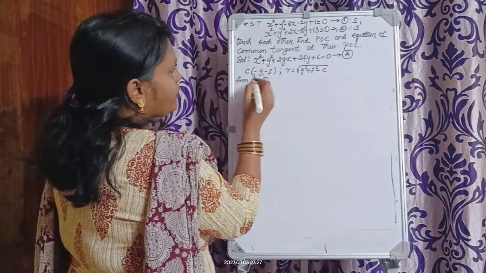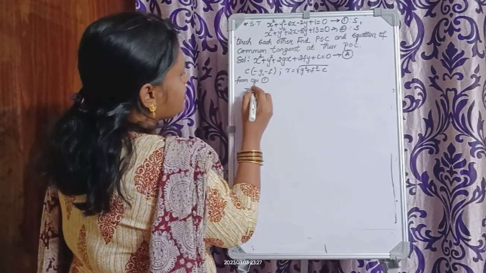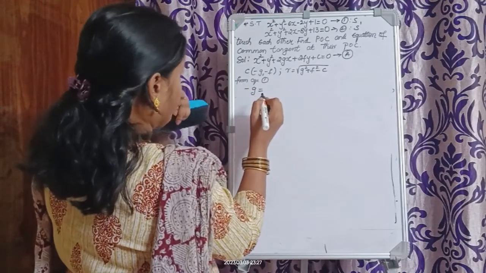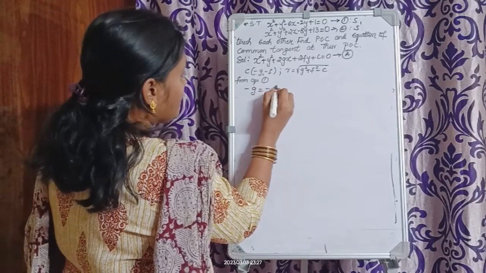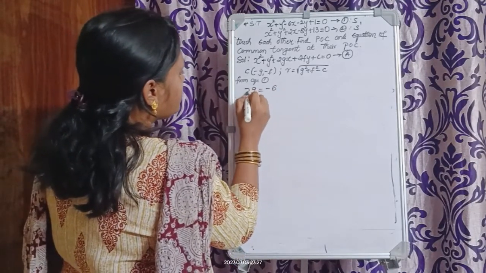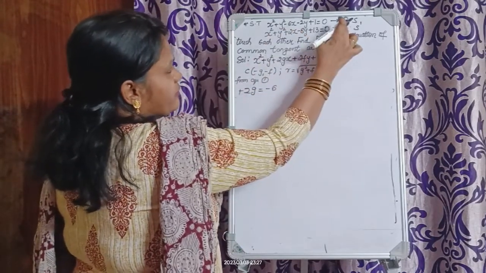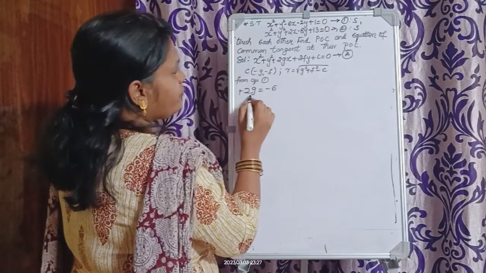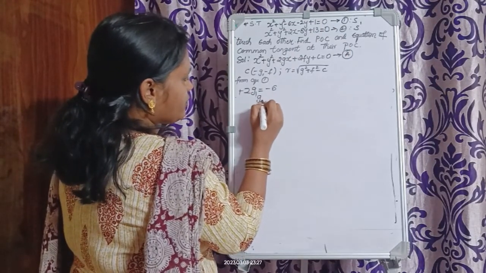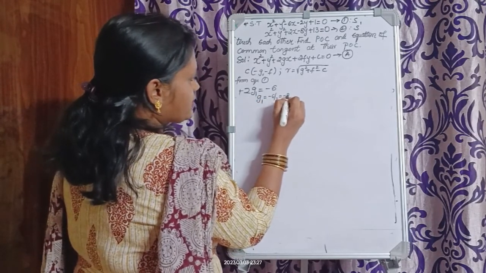So now from equation 1, what we get is minus g is equal to minus 6, or 2g is equal to 6. Comparing equation 1 with the standard form, we get 2g is equal to minus 6, which implies, I call it g1, g1 is equal to minus 6 by 2, which is minus 3.